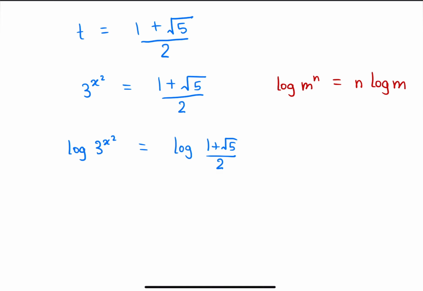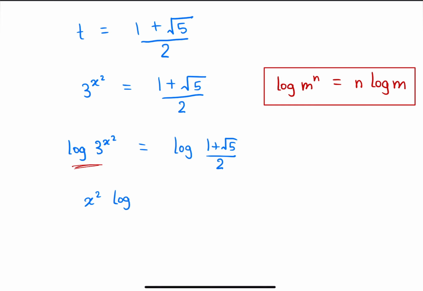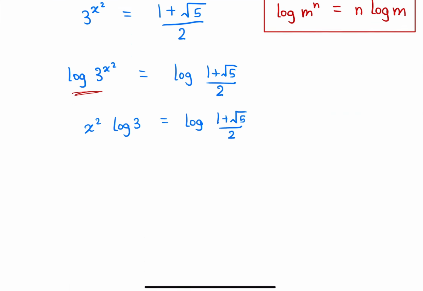So we are going to use this rule on this term. We're going to rewrite this as x squared log 3, which gives us log of (1 plus the square root of 5) divided by 2.